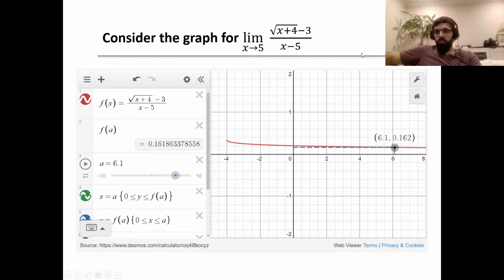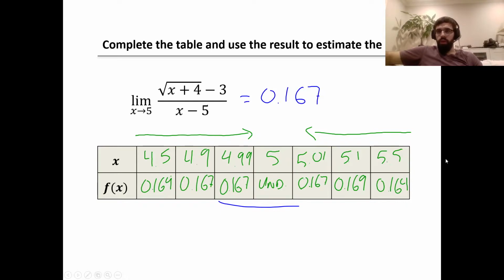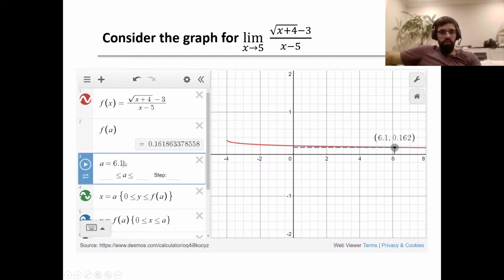So if we use this graphing tool, we can come up with some estimates. As x approaches 5, we can build a table. We can look at x equals 4.5, 4.9, 4.99. For 4.5, we get a y value of 0.169.